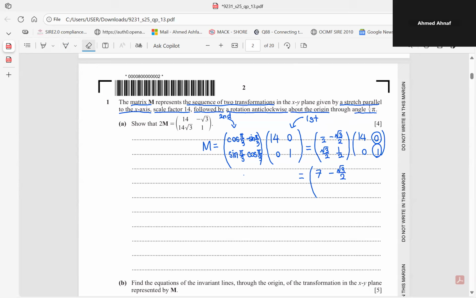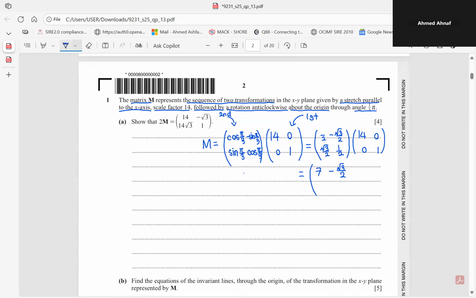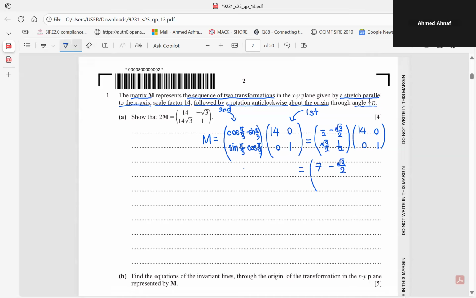Now let's head on to our bottom left element. Oh, sorry, this is supposed to be half. For the bottom left element, it's in the bottom row and first column, so we multiply the bottom row of the first matrix by the first column of the second matrix.